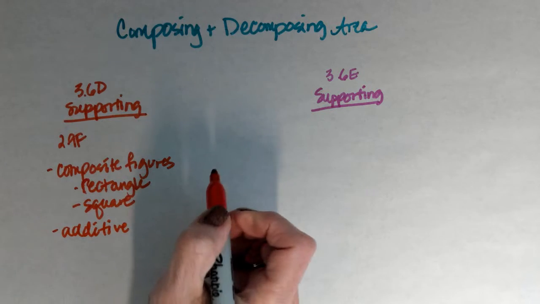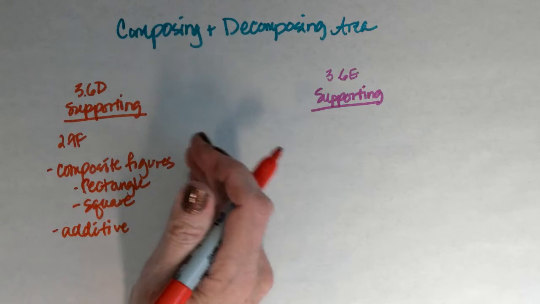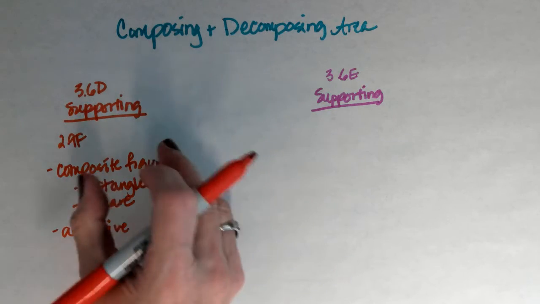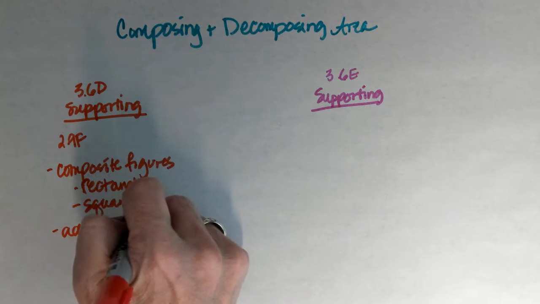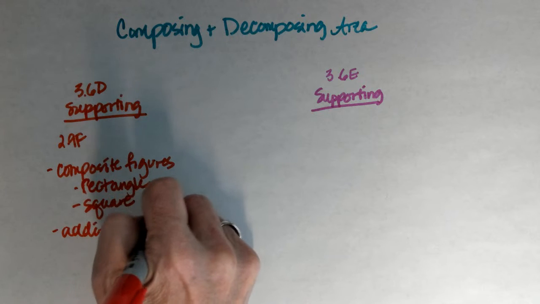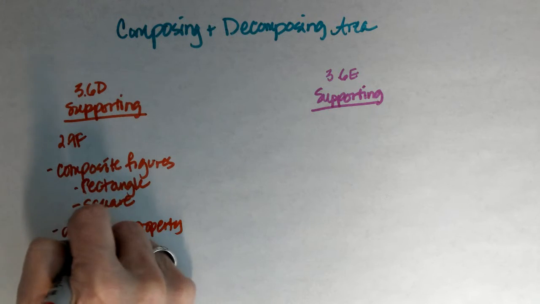That just means once I take that shape and break it into its parts to find the area of each part, I have to add them back together to find the area of the total. Additive property of area.